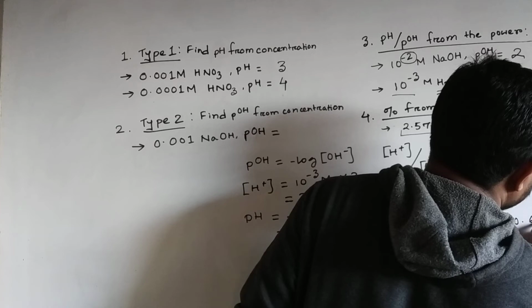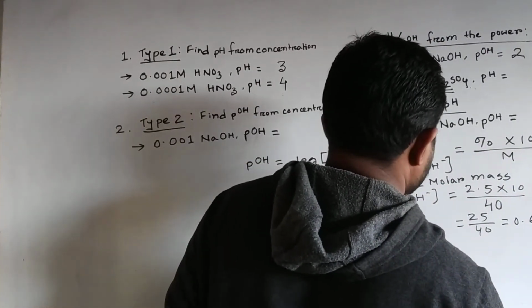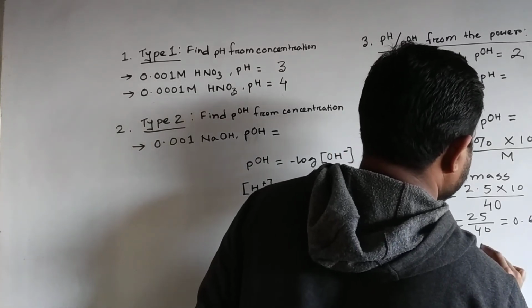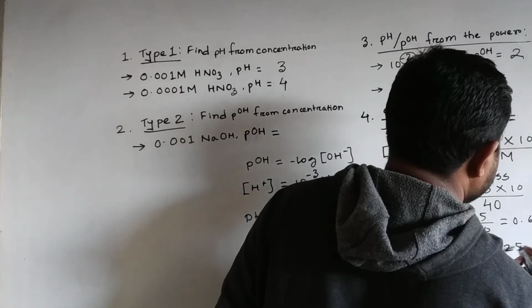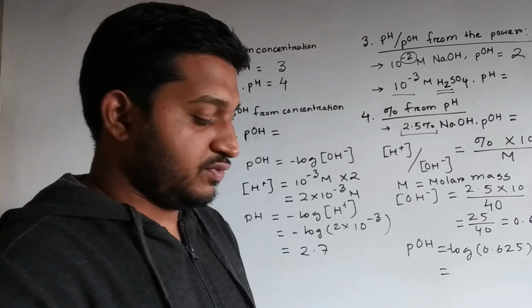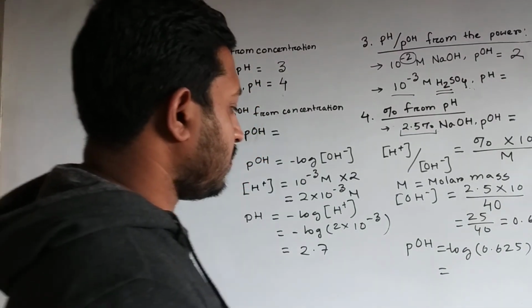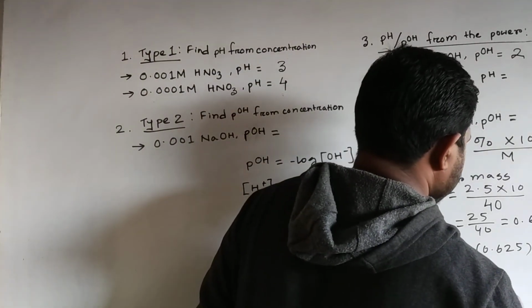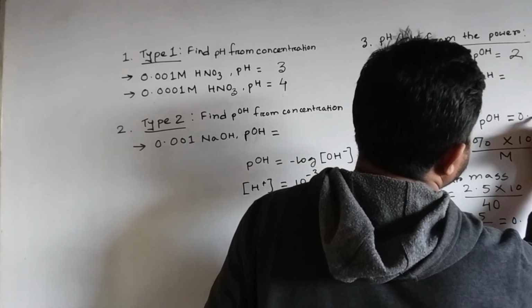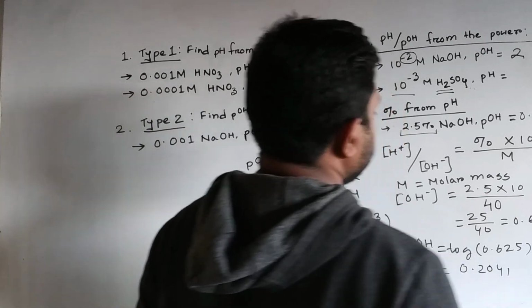So we have to find the pOH: minus log of 0.625. The log of 0.625 is 0.2041. Here put the value 0.204, you can write 0.204 also.